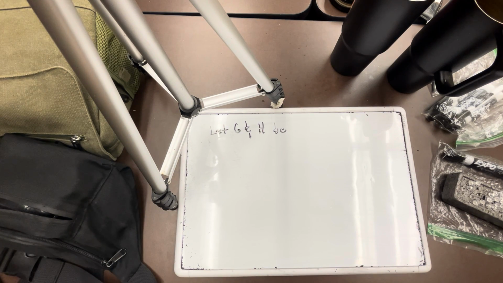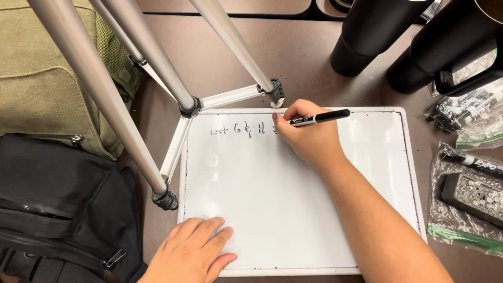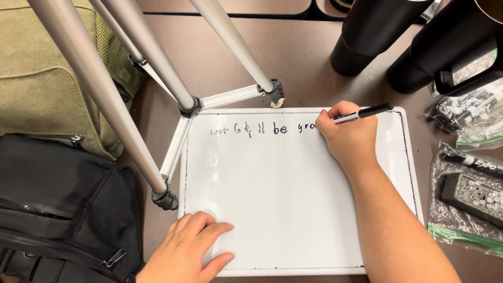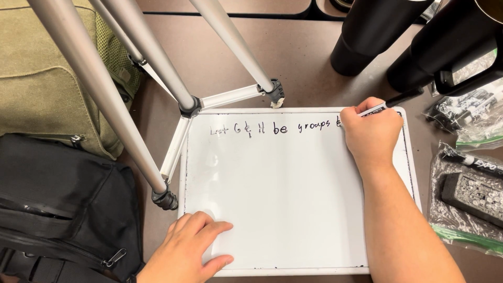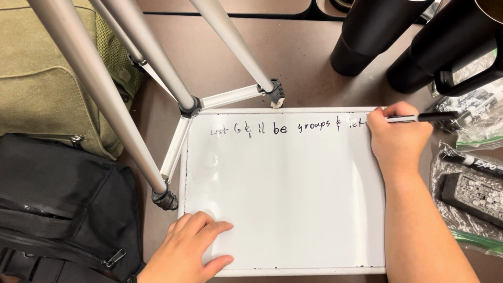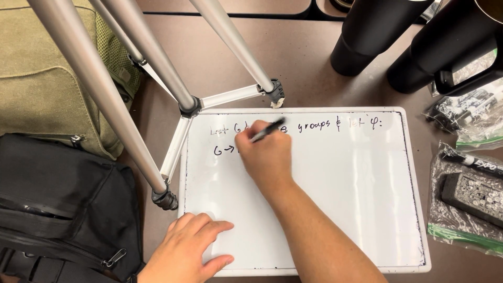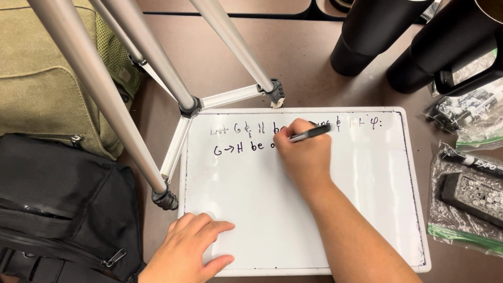Okay, let G and H be groups, and let φ be the map from G to H be a homomorphism.